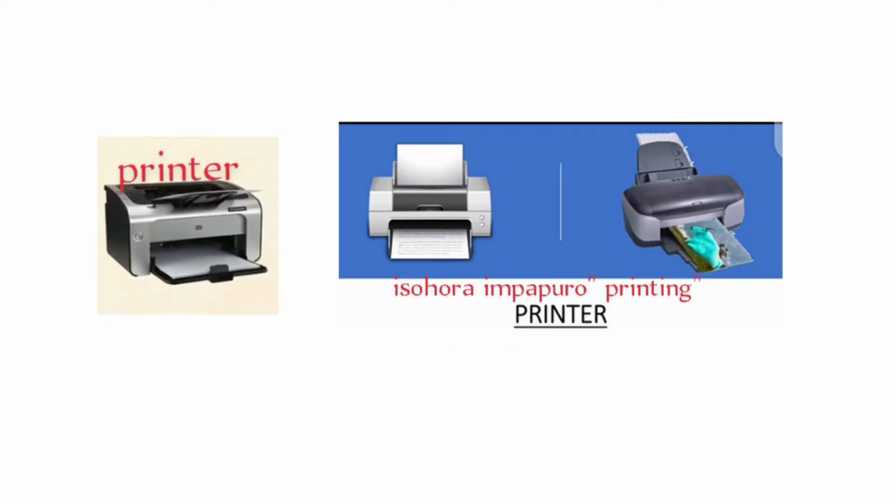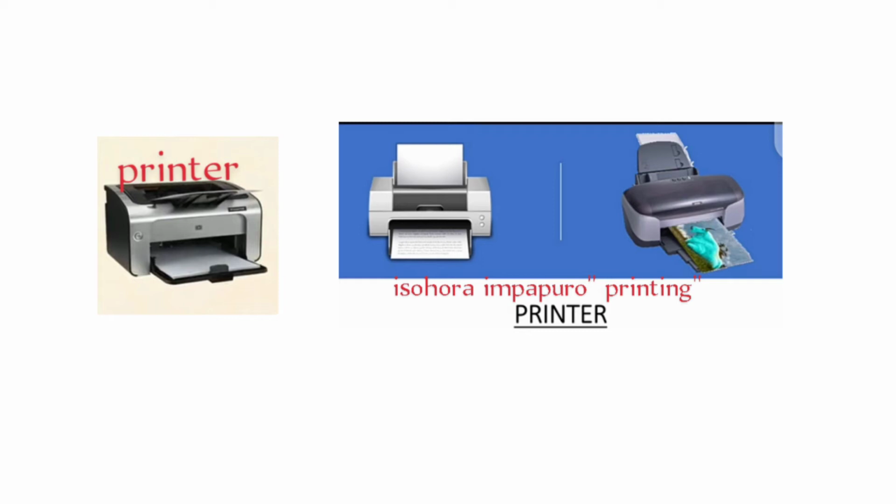The fourth one is a printer. A printer is a device that helps us to print our information on paper. It works like a scanner, but the difference is it prints the information on paper.